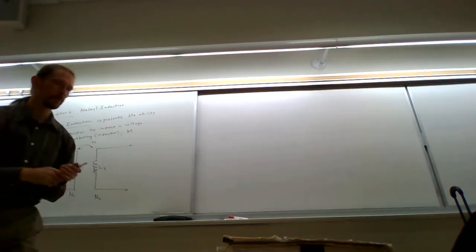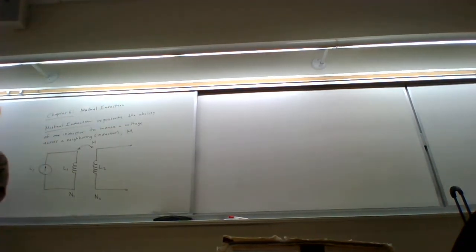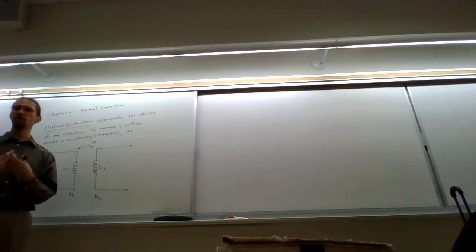Now, one of the things we talked about way back when we were deriving the IV characteristics for inductors was Faraday's law of induction. Remember that currents themselves generate magnetic fields.